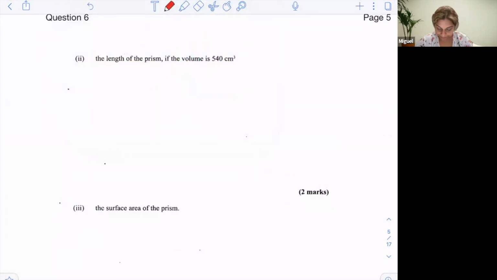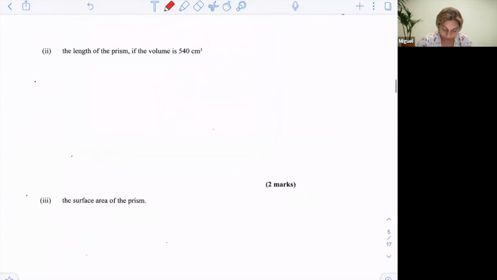So we remember. All right, so let's write: volume is cross-sectional area by height.